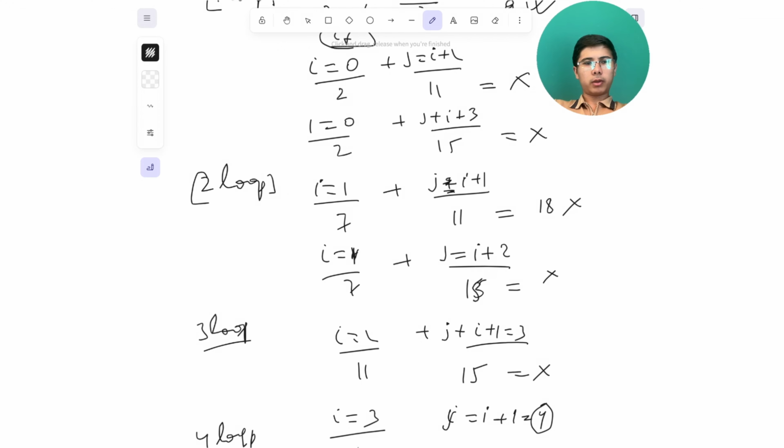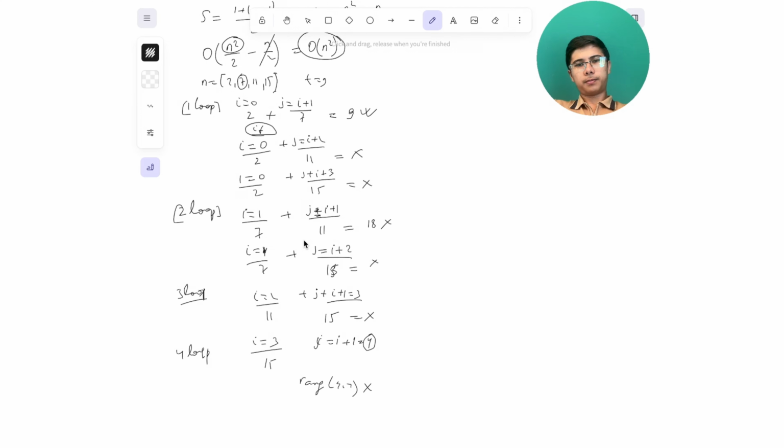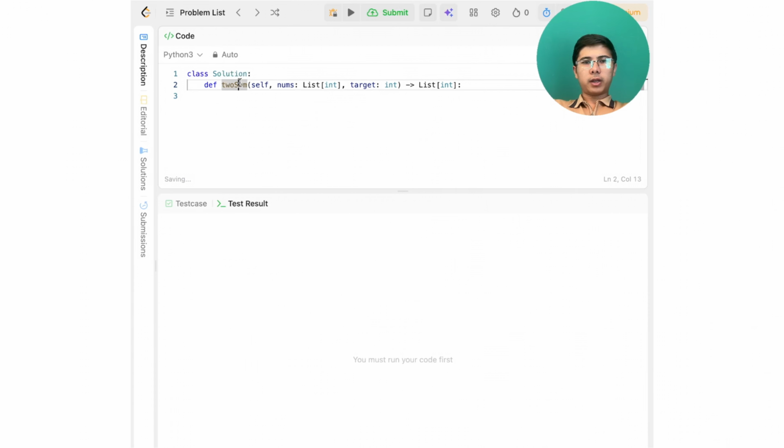So it's time to convert this into the coding solution. We wrote all of the process. We have a function twoSum, with nums which is a list format, and target which is integer format. We need to return the list format as well. So what should we do? Firstly, we need to write one variable, which is the length of the input array, nums, because we need to range as well.